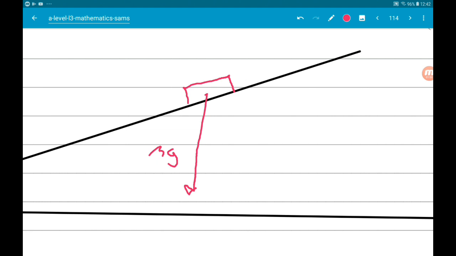Now what we can also do is split that into its component forces like this. So that one is perpendicular to the plane and the other one is parallel to the plane.